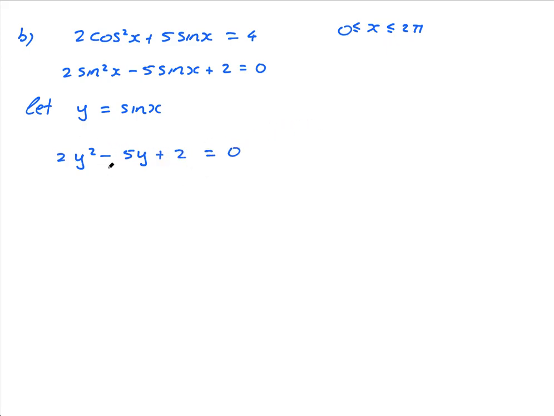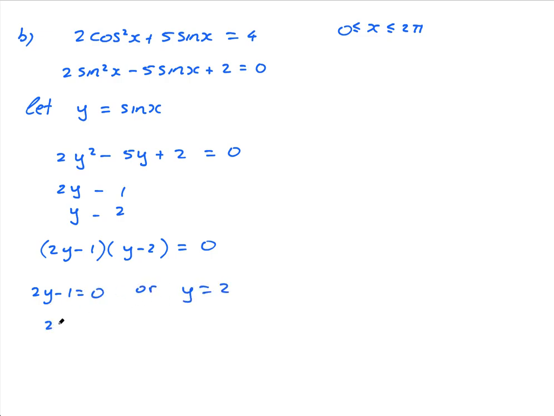I need to factorize this. I get 2y and y, and 2 and 1. Both signs have to be the same, and both have to be negative because of this. So I have (2y minus 1) times (y minus 2) equals 0. So 2y minus 1 equals 0, or y equals 2. 2y equals 1, y equals a half, or y equals 2.